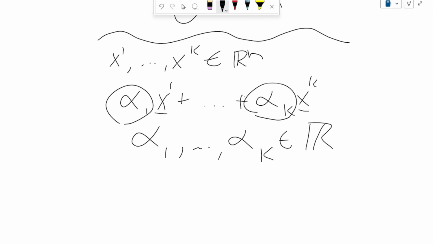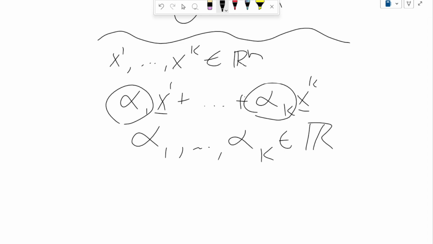Now, you might wonder, why did we call it a linear combination and not just a combination? And the answer is that there's more than one type of combination we can take of vectors, and in particular, there's one important one which we're going to talk about now, which is called an affine combination.